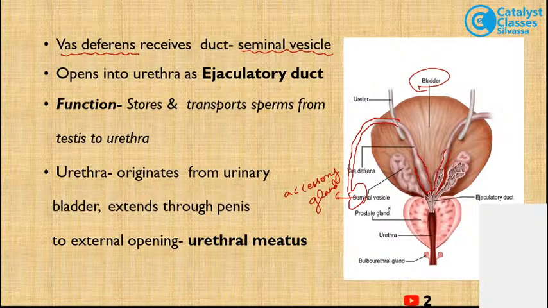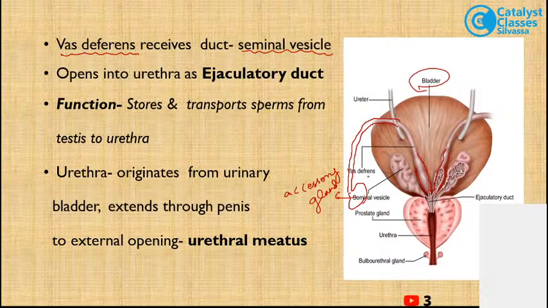The accessory glands, basically you will see that there are three different types: seminal vesicle, prostate gland and the bulbourethral gland. All these three glands help in secretion of seminal plasma, the fluid which is going to give nourishment to the sperms when they are traveling through all these, and when they finally enter into the female genital tract.